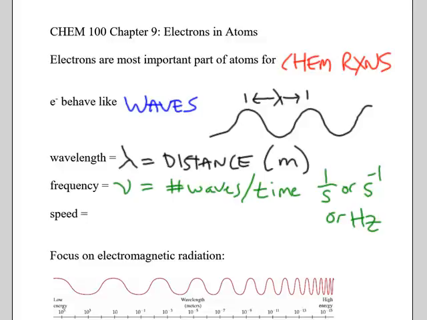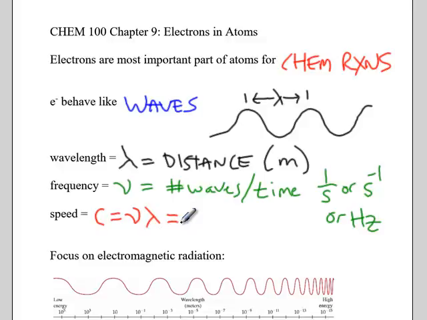The wavelength and the frequency are related to each other by this formula that says the speed of the wave, we'll call that c, is equal to frequency times wavelength.